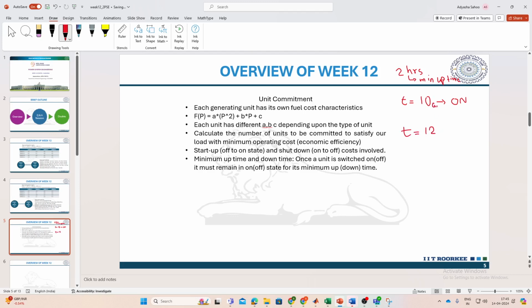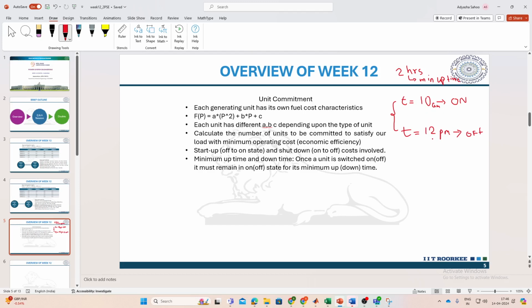You switched on at 10 a.m., so you can switch it off only after 12 p.m. In between, you cannot switch it off at 11, even though you could get a minimum cost at that time, due to this minimum uptime constraint.